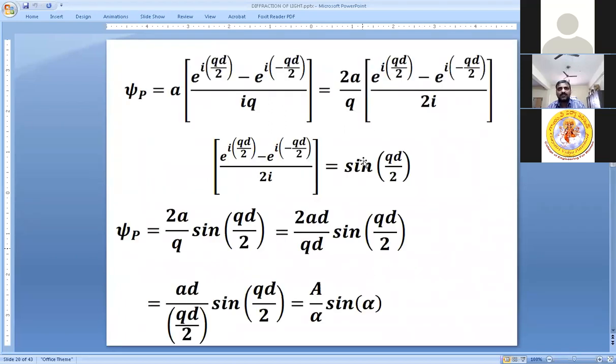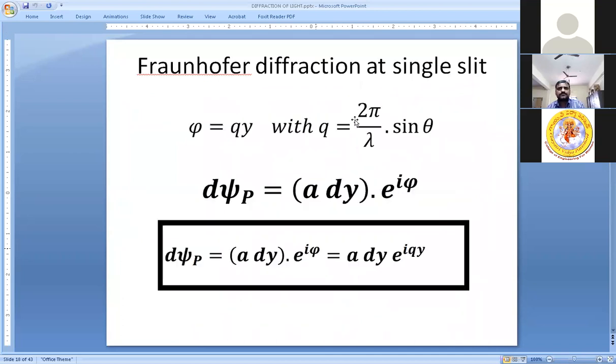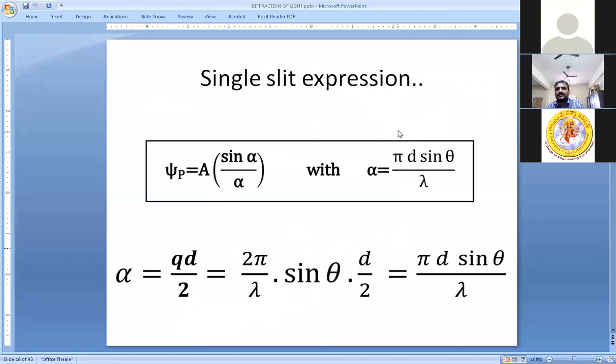Please recall, we have taken q like this, and q d by 2 means you multiply this by d by 2. So 2 gets cancelled. You are left with pi d sin theta divided by lambda. That's what I have written here. Pi d sin theta divided by lambda. Okay, you can see this. Of course, I forgot. Here also I have shown the same expression.